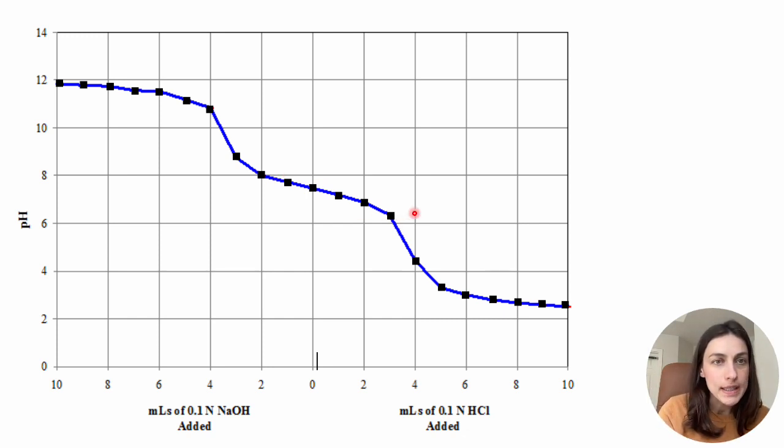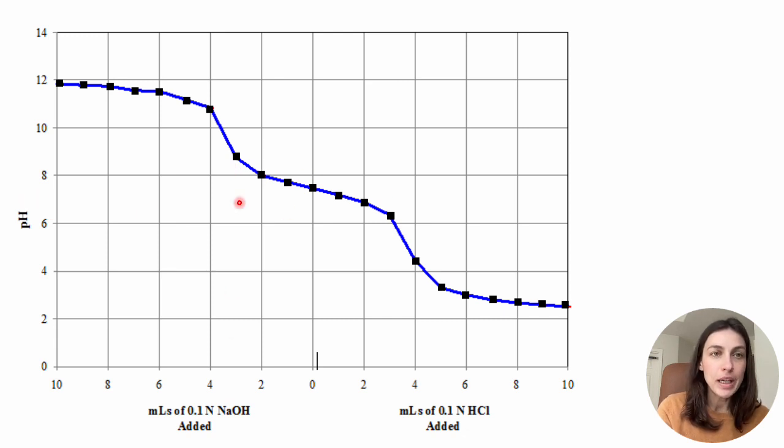So here where it's the most flat, I would look at the y-axis, and here between 6.5 and maybe 8 or 8.25. 6.5 and maybe 8.5 is the buffering range of this buffer. So when you ask for buffering range, it's the pH range. So where on the y-axis is that flat area?